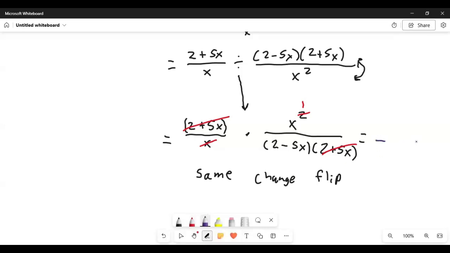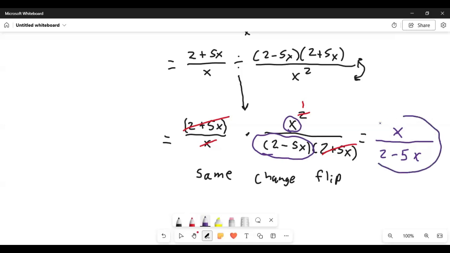Finally, to write your answer, the only thing left on top is x. And the only thing left in the denominator is 2 minus 5x. Be careful, do not cancel those x's, because on the bottom, the 5x is being subtracted, and a subtraction and dividing do not cancel.